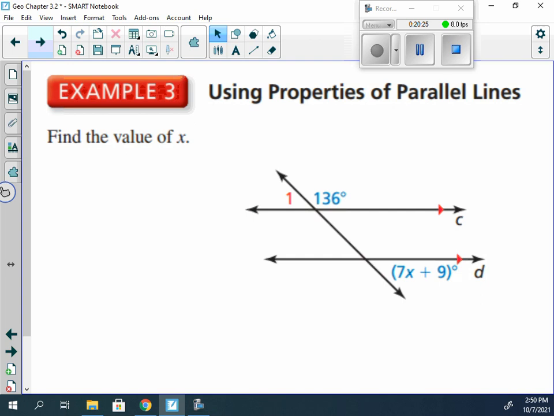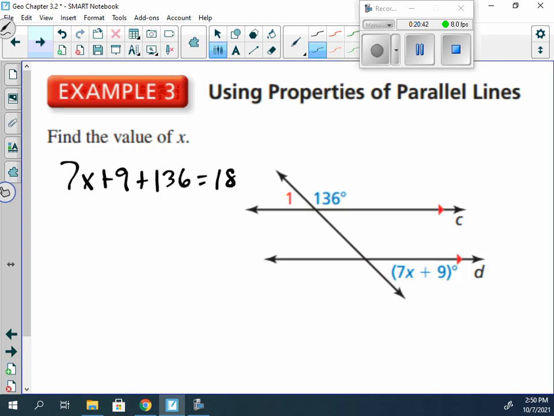No. The closest thing we could say is that they are consecutive exterior angles. They're on the same side. But that's really just telling me that these two angles add together to be 180.